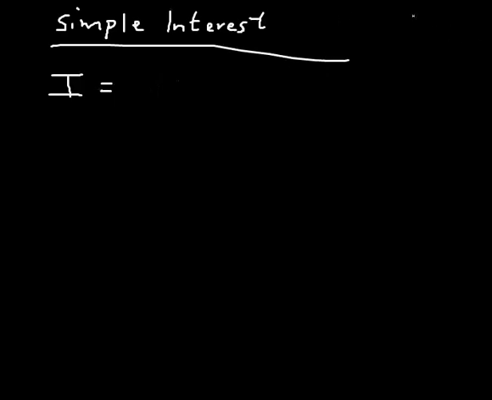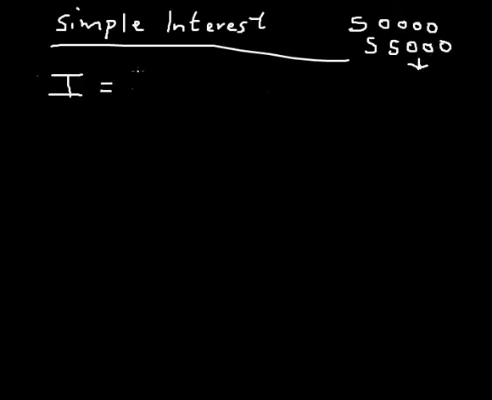So let's say you borrowed 50,000. Then when you want to repay, you repay 55,000. So the 5,000 that's added to the amount you borrowed is a simple interest.